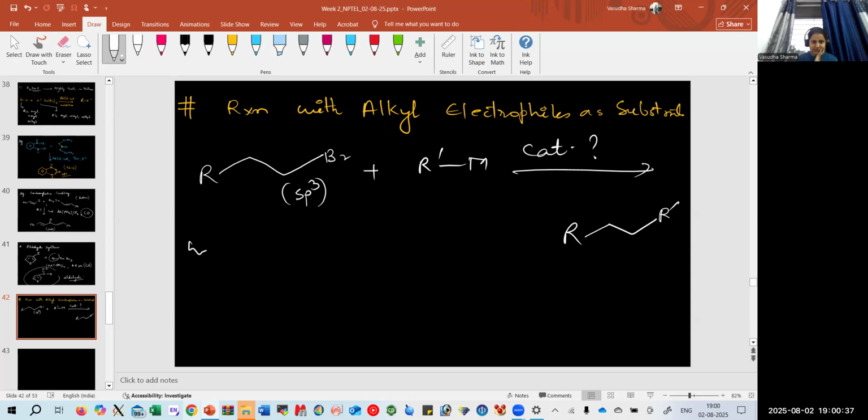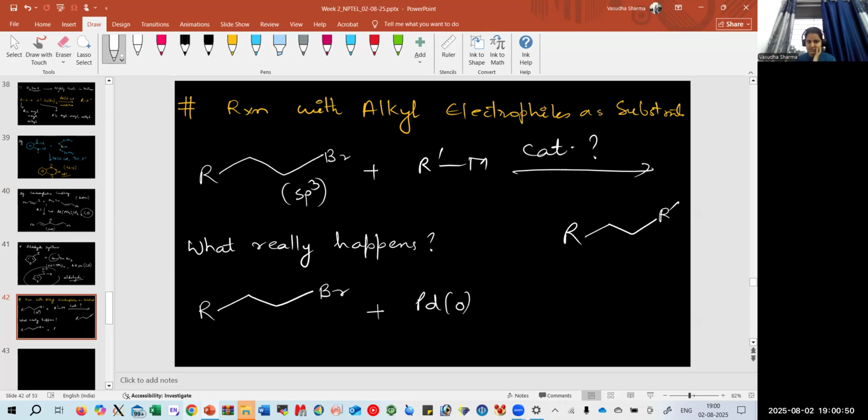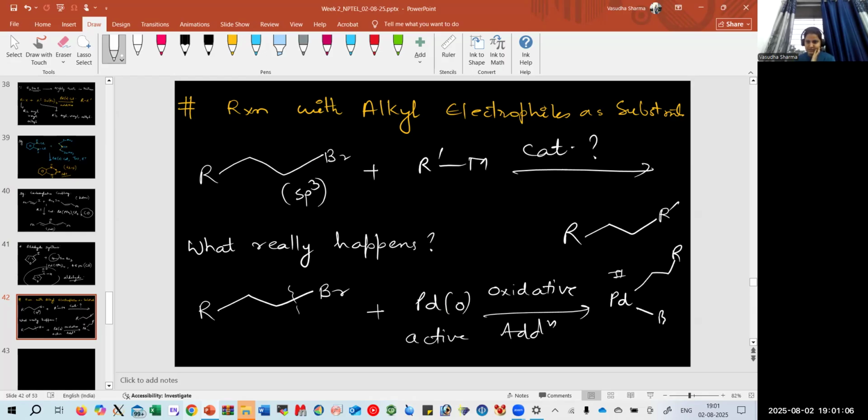So what really happens is, this RBr, when it is being treated with palladium 0, which is your active species, it would undergo oxidative addition. This oxidative addition would break this bond and it would form palladium in plus 2, and this would be R, and this is Br.